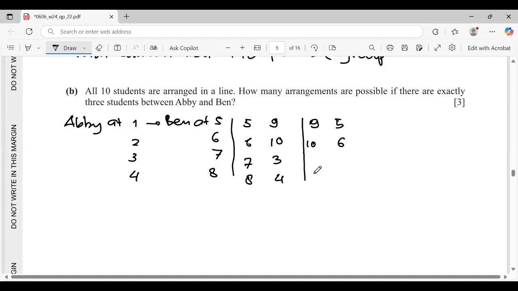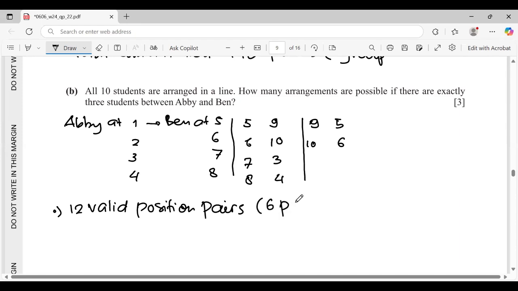So there are totally 10 positions, but plus 2 with Abby and Ben, so this gives 12 valid position pairs.